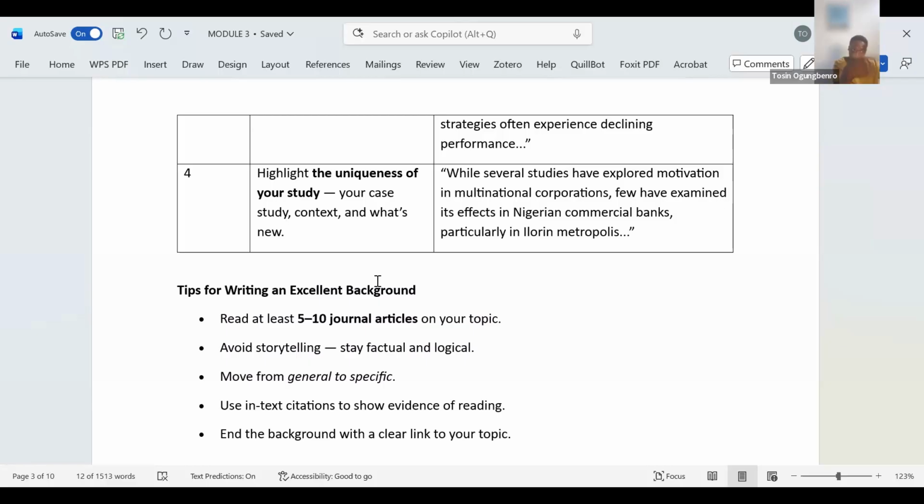The reason I am remembering that part is because I said read 5 to 10 journals. Before, if I wanted to read 10 articles on a topic, I have different PDF readers for my system.